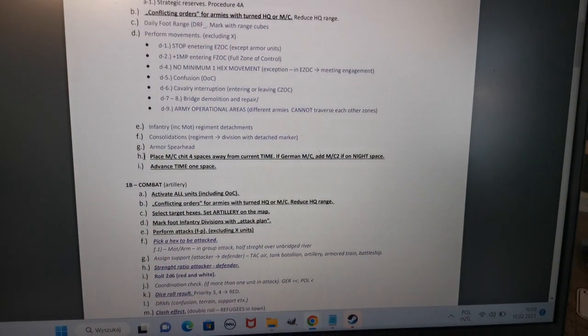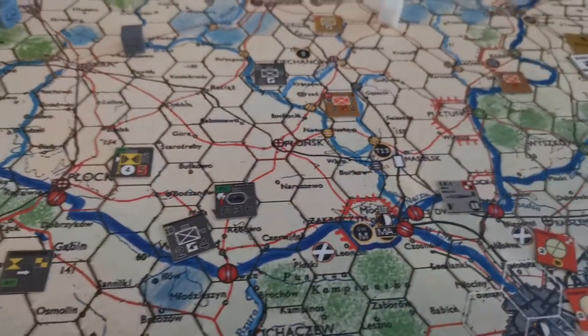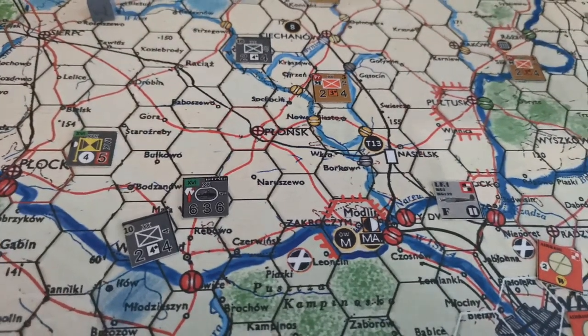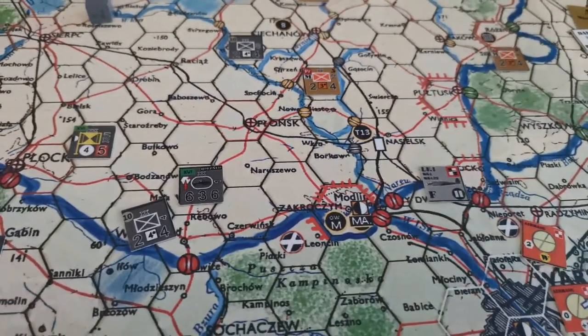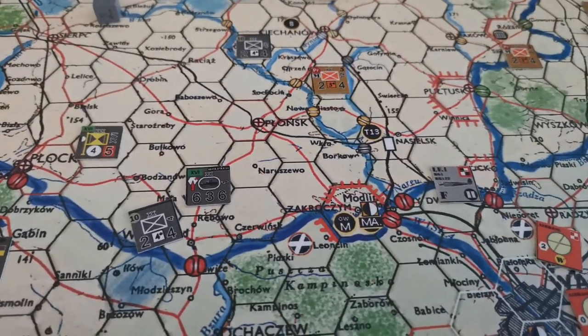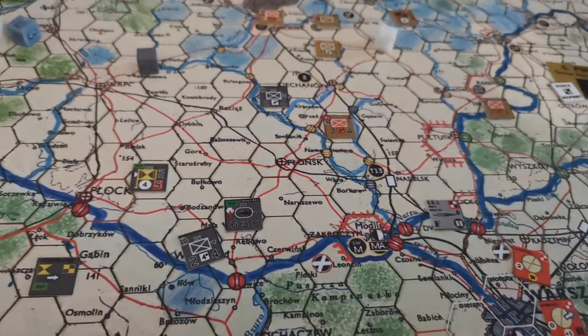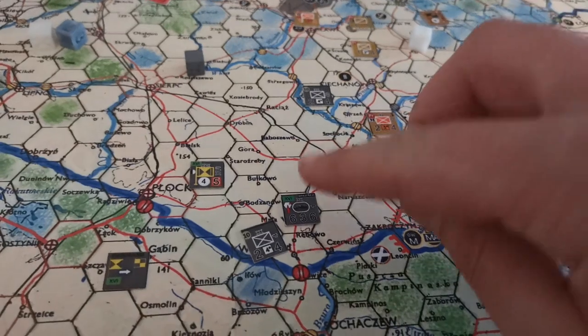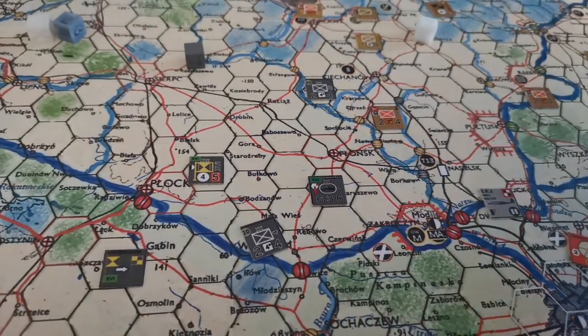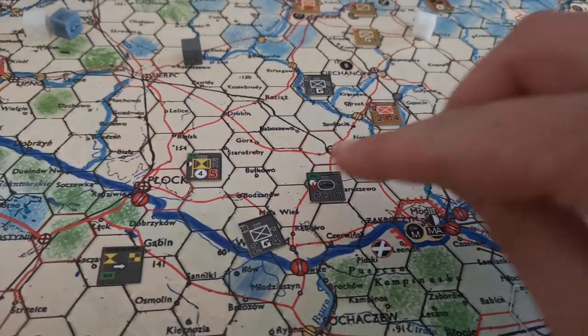Next one is G, armor spearhead. Every armored unit in the game, let's say every tank unit in the game, can detach a spearhead. It costs 1 movement point, and it can be done at any time of movement.